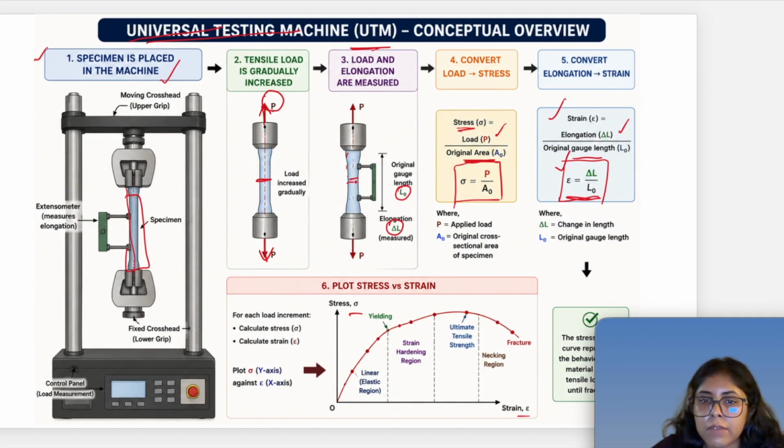So we'll be having rupture or fracture in the material. So up to then we will be plotting this value of stress and strain. For different materials, the graph comes out to be different, right? So this is the universal testing machine, and this is what the UTM test is doing.